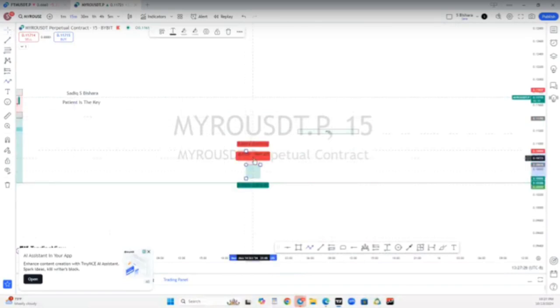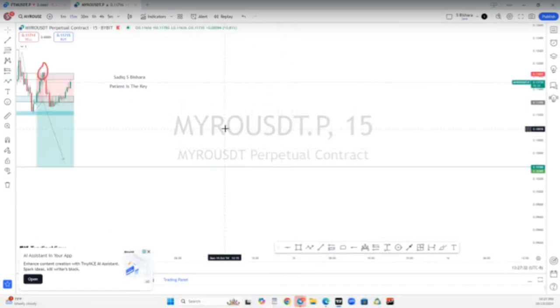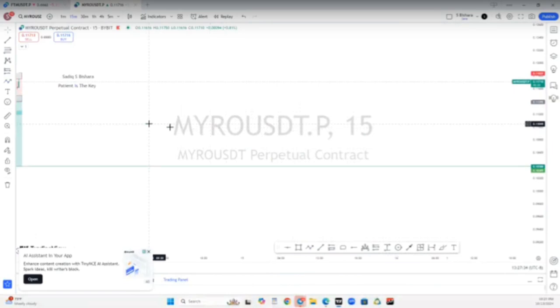Let me draw a chart on my own in order to predict what will happen in the market. Let's say you come to the market and you see something like this.